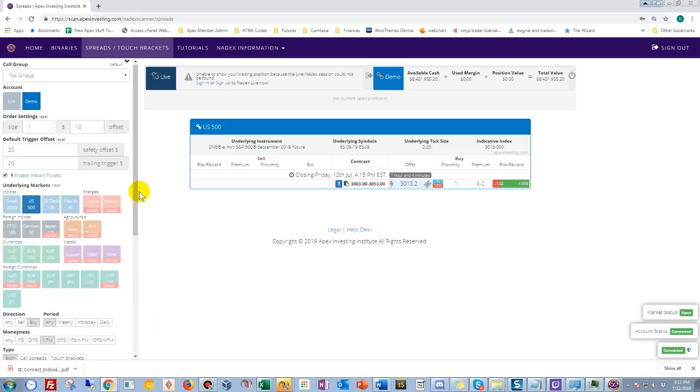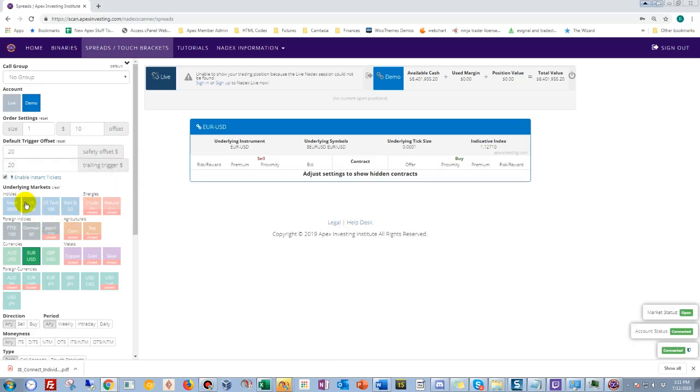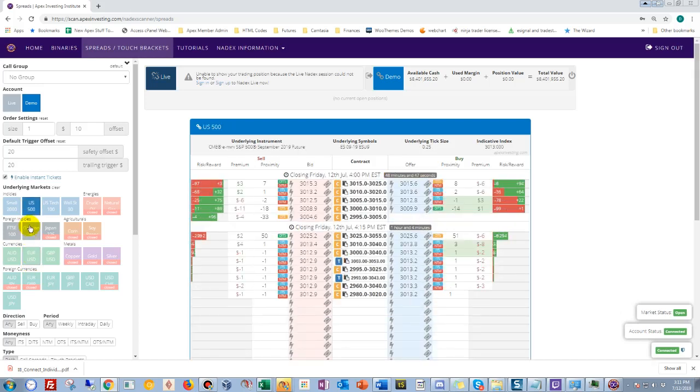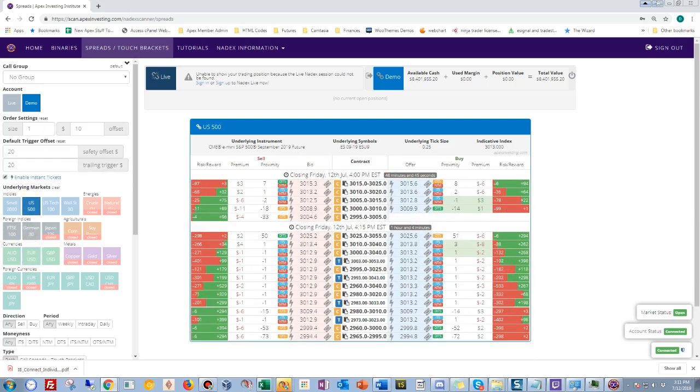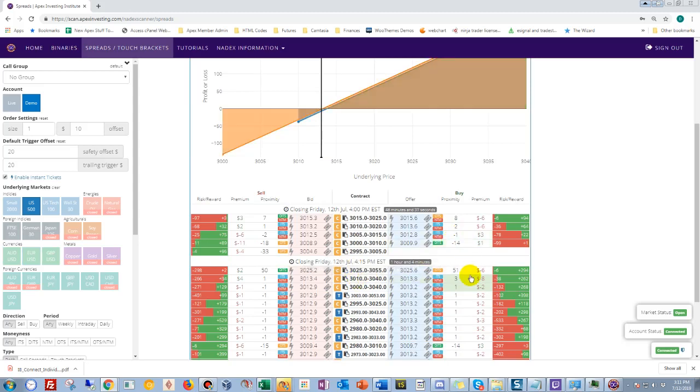That's really all there is to it. You can go in and again, you can reset the default. And right now the markets are closing up here, but we can go over to, say, S&P. And we got all these contracts selected we were playing with.